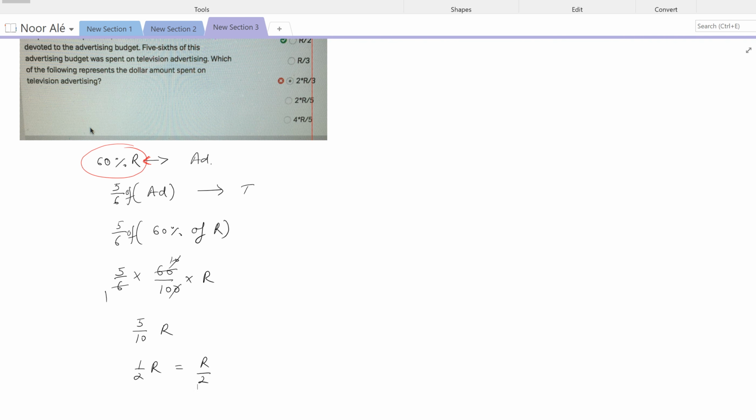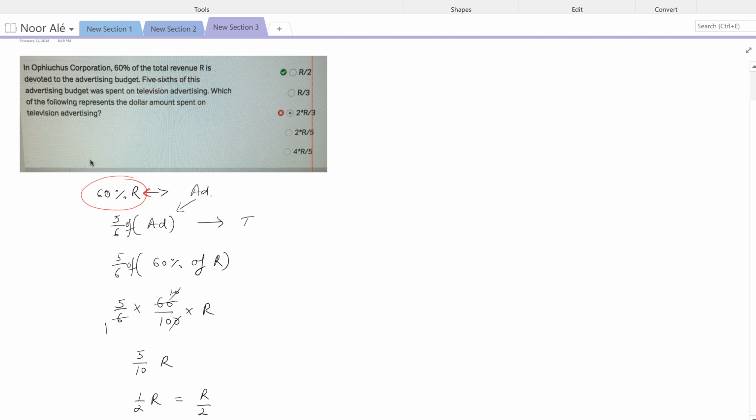You say it's 60% of R, and the advertisement budget is that, so we substitute its value in. Then "of" is replaced by a multiplication sign, and we simplify.